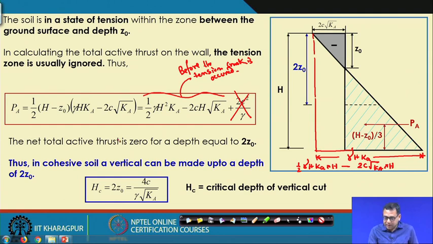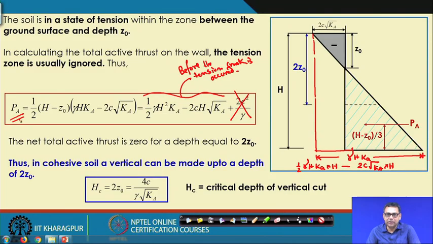The earth pressure is half gamma h square K A minus 2 c h root K A. That means before the tension crack occurred, you have to consider the positive as well as the negative earth pressure during the total force calculation. Remember that if the tension crack has not occurred, then we have to consider positive as well as negative earth pressure during the calculation of P A.